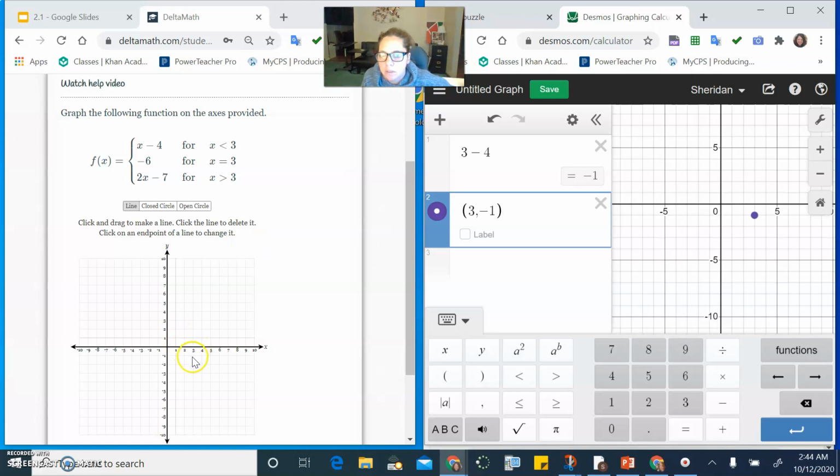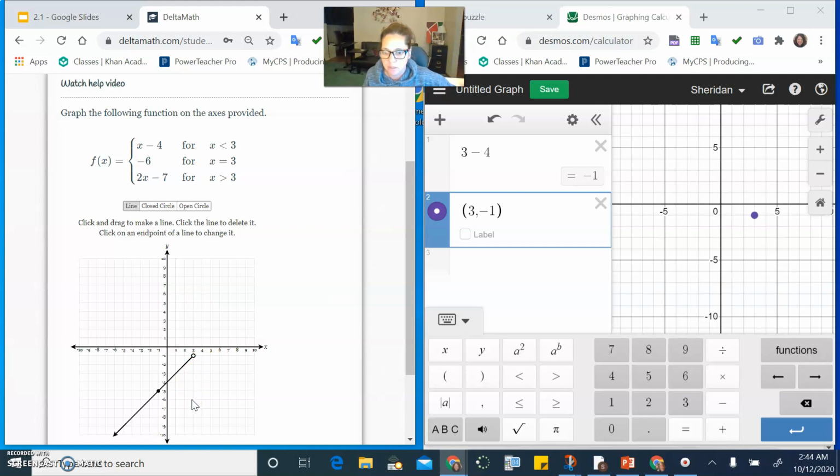So 3, -1, it should look like this. For all the x less than that, and not equal to, so open it up. Then x equals 3, y equals 6. So at x equals 3, the y value is -6. Literally just a point.